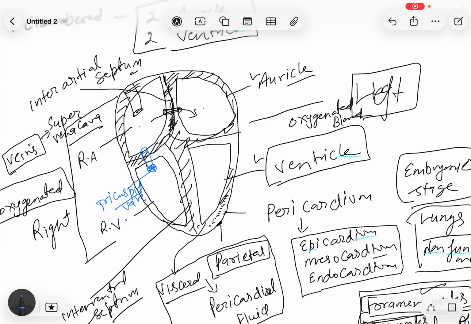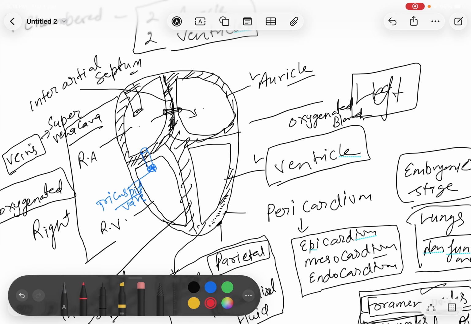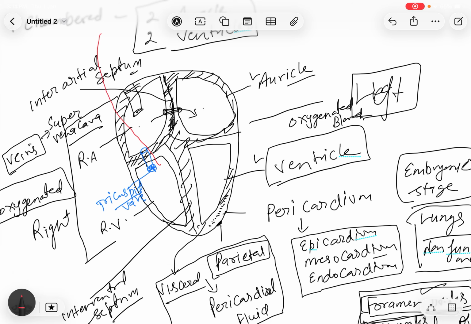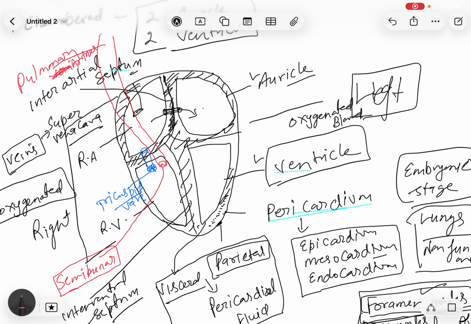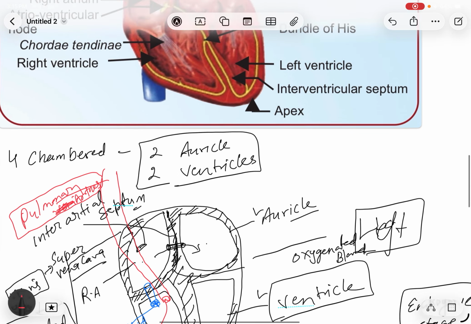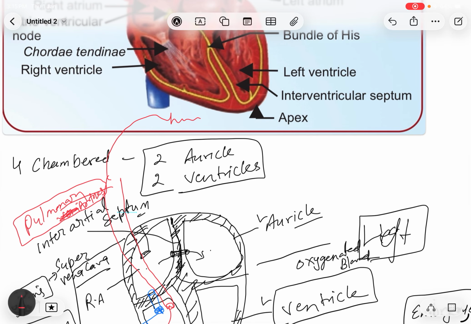From there, the pulmonary artery originates, which has two semi-lunar valves, half-moon-like structures. This is the pulmonary artery, the only artery which contains deoxygenated blood, and the blood reaches the lungs.